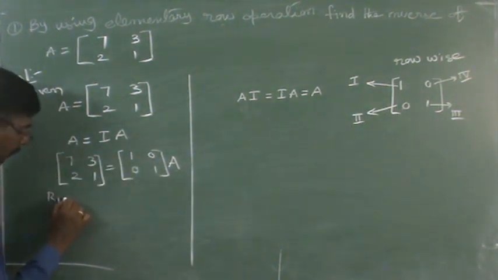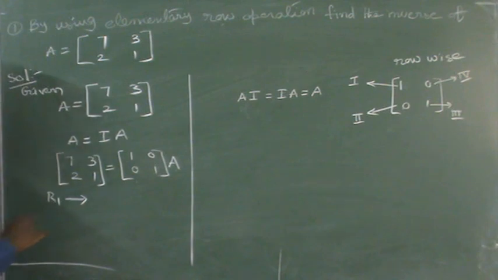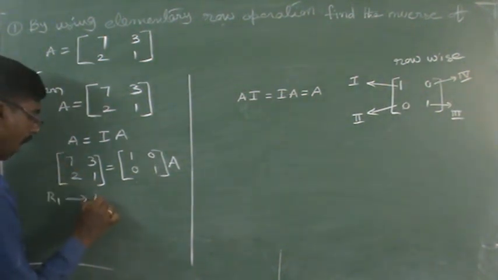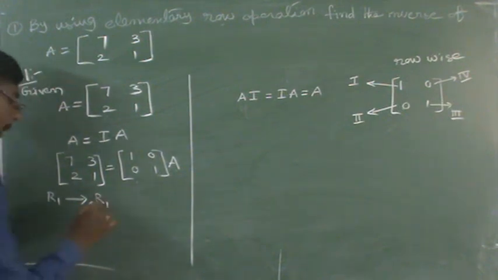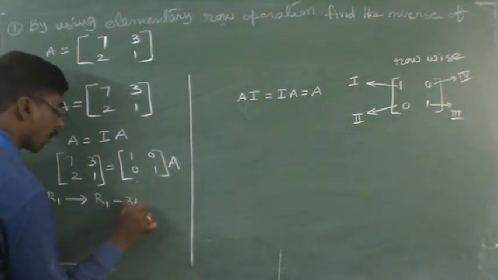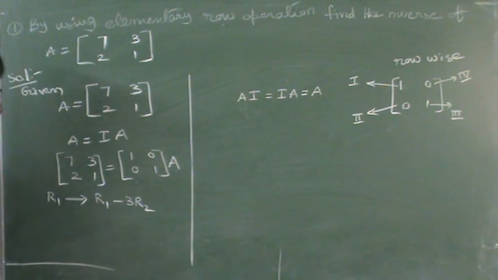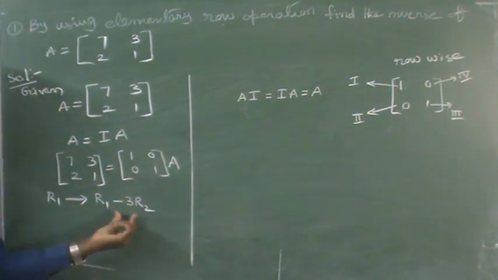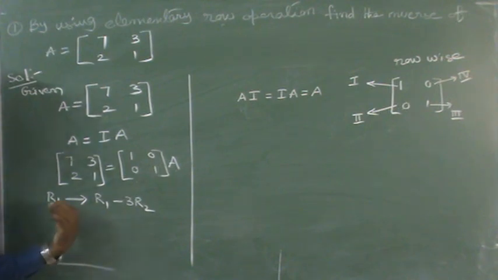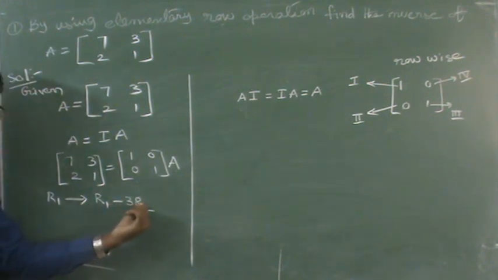R1 is replaced. What am I writing here? R1 minus 3R2. See here very carefully. Identification of this one is the challenging part. R1 transforms to R1 minus 3R2.